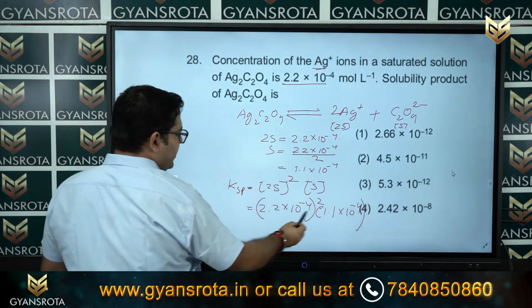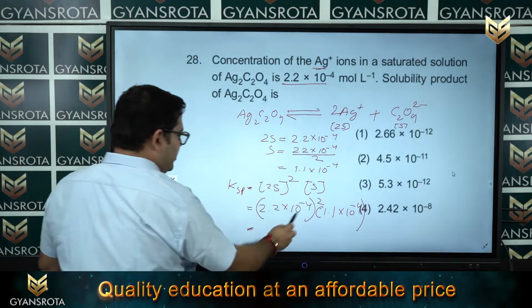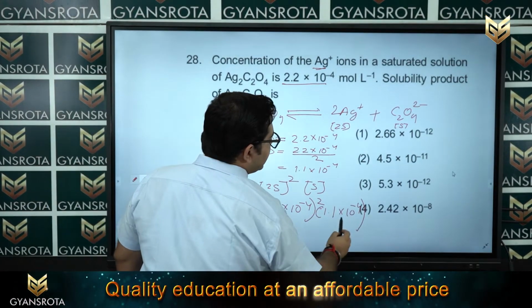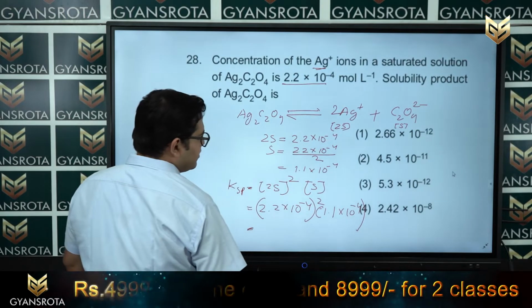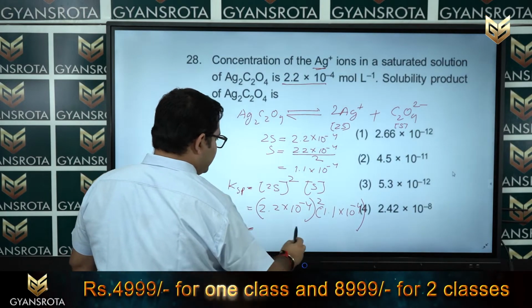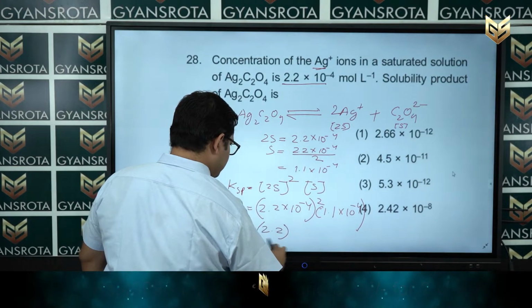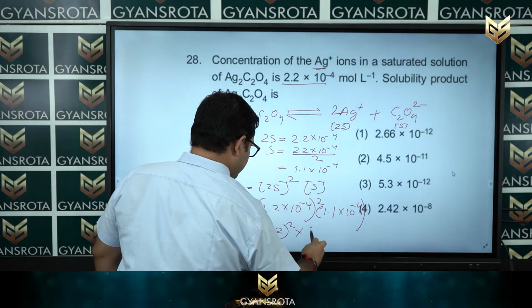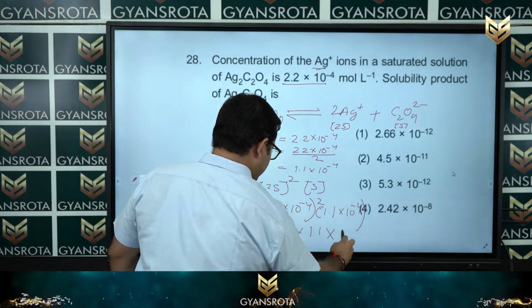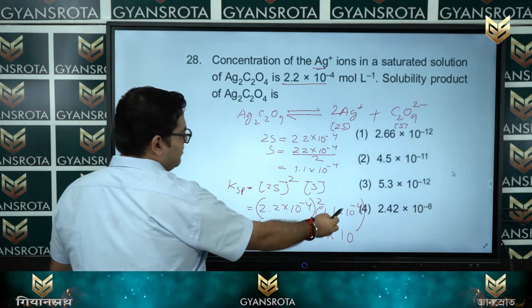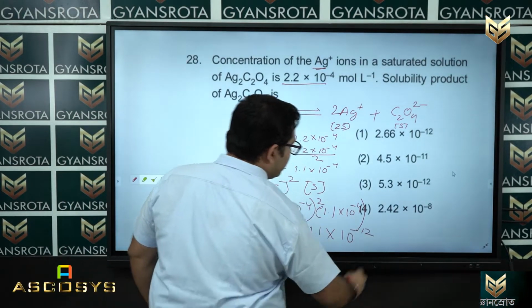So, it will be 10^-8 times 10^-4, which gives 10^-12, multiplied by 4.84 and 1.1.